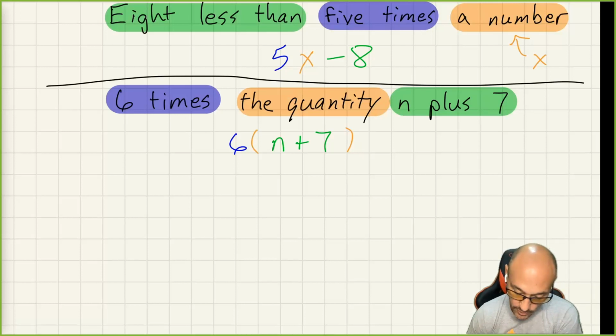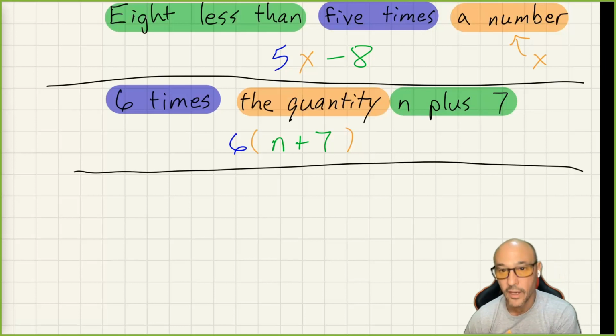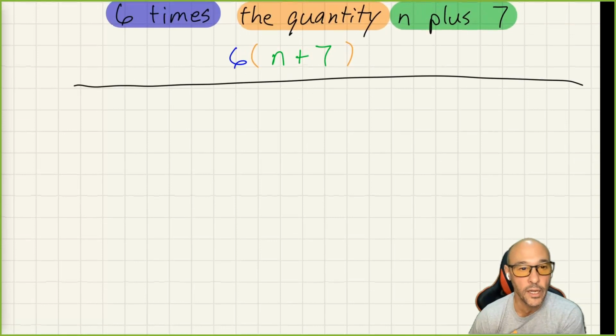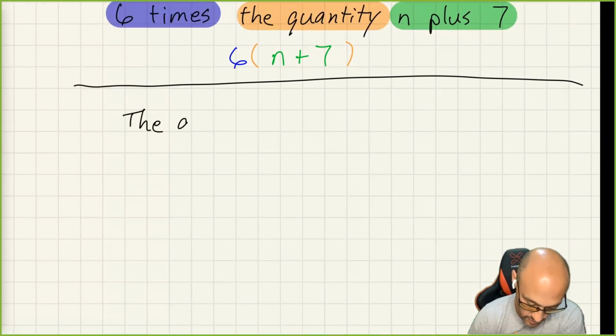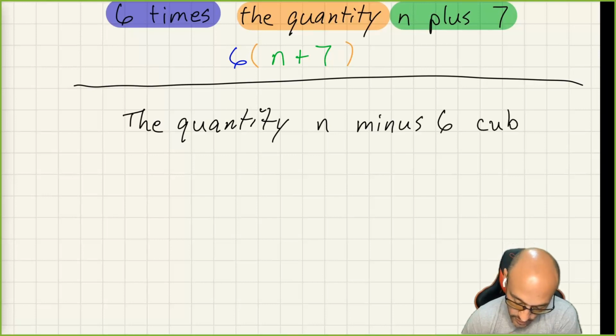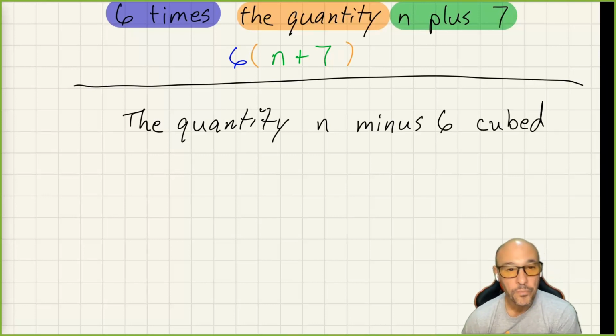I'm going to do one more example here before we end this video. In this one, it is going to be the quantity n minus 6 cubed. This one is hard to tell what we actually are cubing.